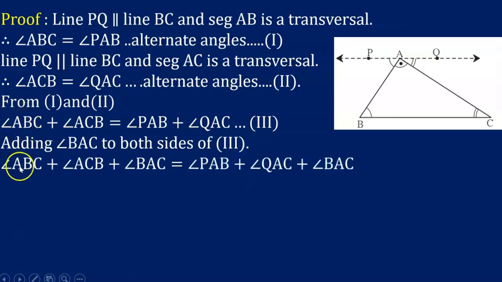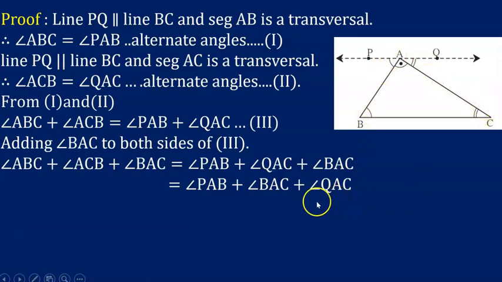That is, angle ABC plus angle ACB plus angle BAC is equal to angle PAB plus angle QAC plus angle BAC. Now we have rearranged these angles as PAB plus BAC plus angle QAC.